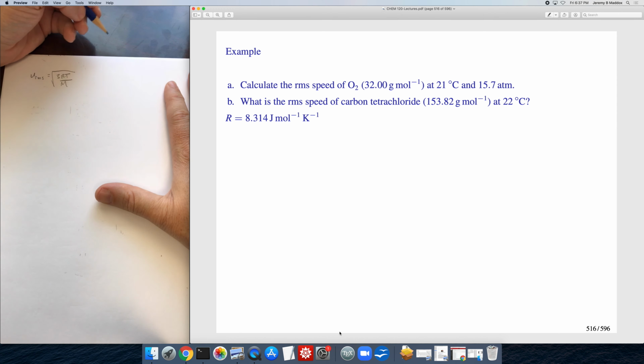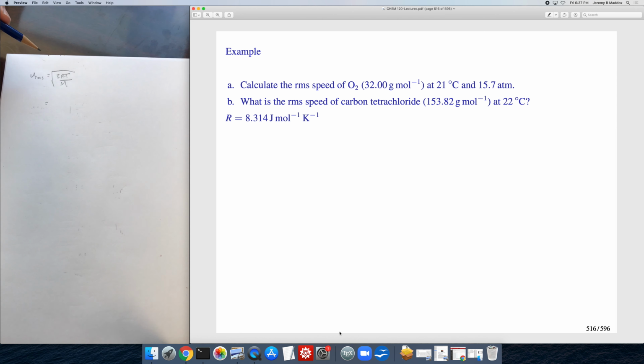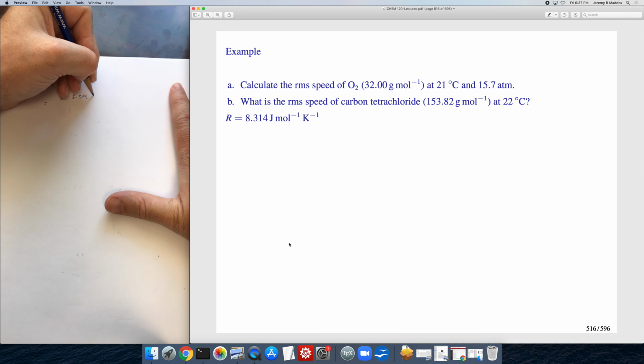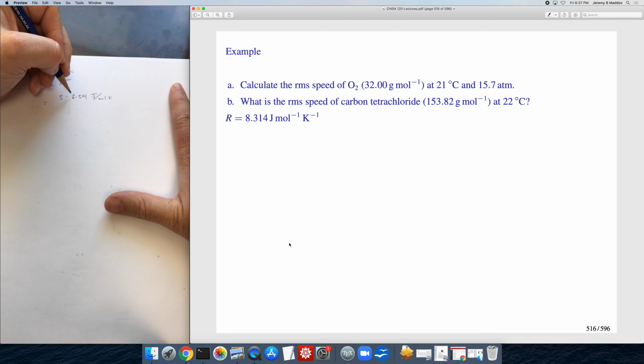We want to put everything in SI units, so notice that I've got the gas constant here expressed in joules rather than liter atmospheres. So we're going to take 3 times 8.314 joules per mole Kelvin.